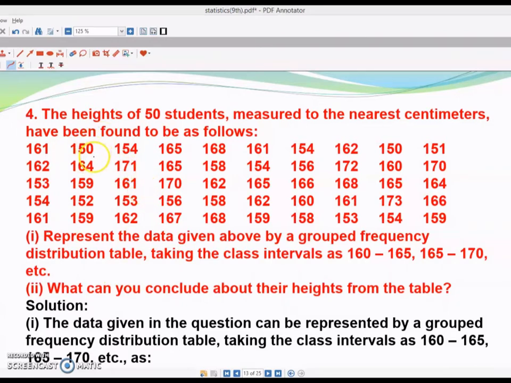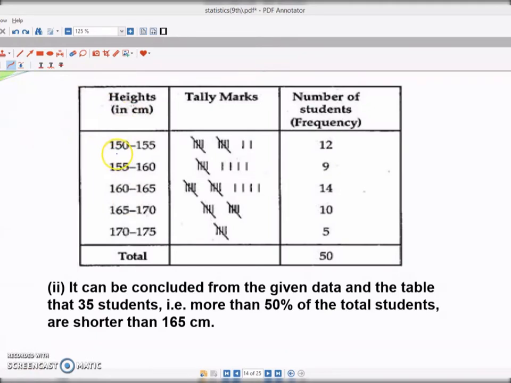Check the highest one also, and accordingly divide it into class intervals. You can have 150 to 155, 155 to 160, 160 to 165, and continue till your maximum value is reached. So this is the way the data will be tabulated, starting from 150 to 155.